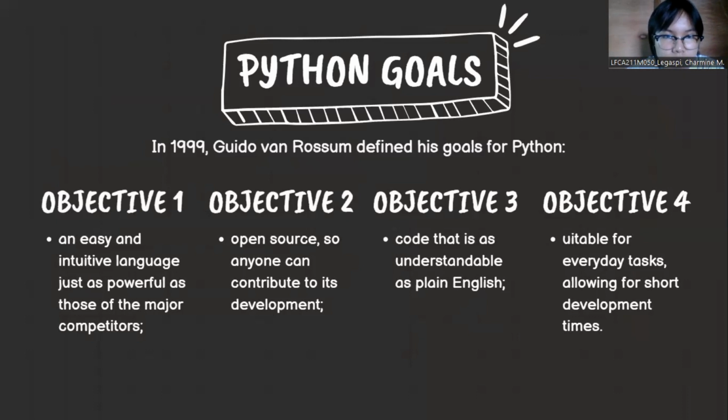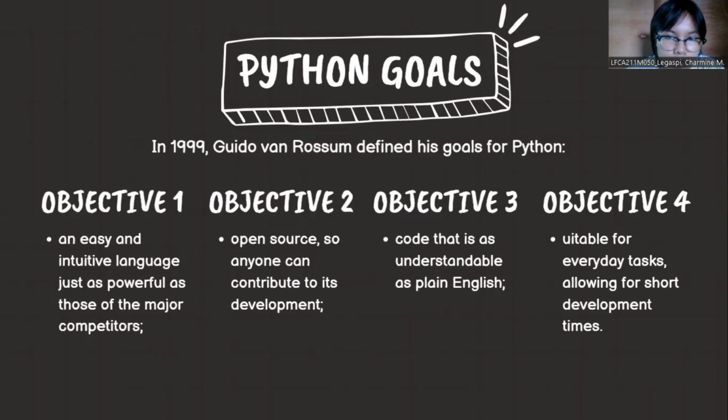Python goals. In 1999, Guido van Rossum defined his goals for Python. One is an easy, intuitive language, just as powerful as those of the major competitors. Second is open source, so anyone can contribute to its development.